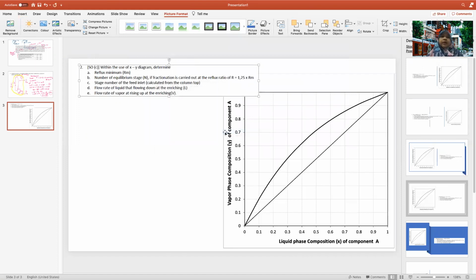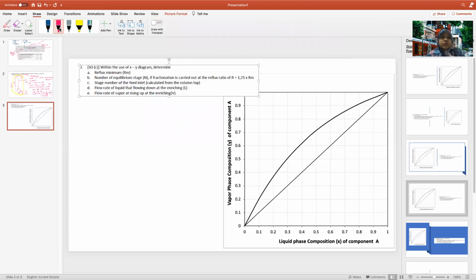Okay, right. Using the XY diagram, determine the minimum reflux. Do we have all the information we need to get the minimum reflux? Maybe we can start to plot XB, XD, and ZF. Basically this is 0.5, the ZF.